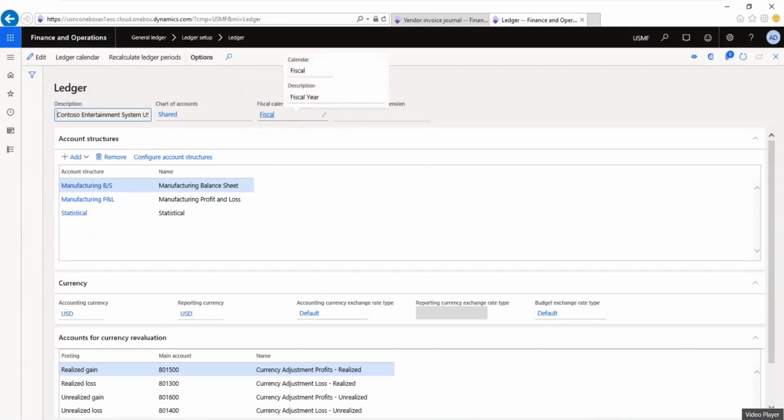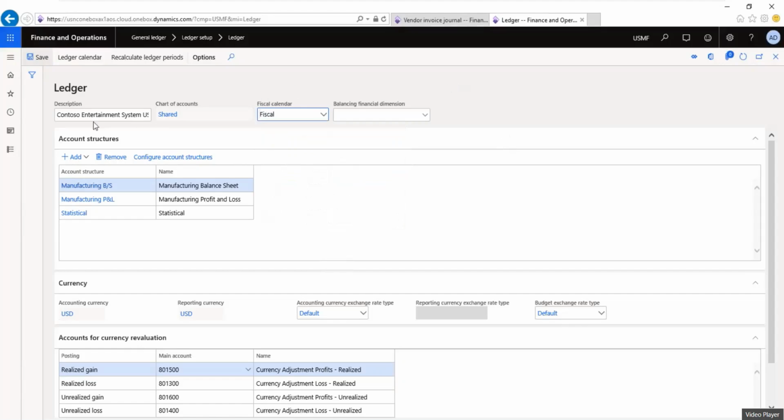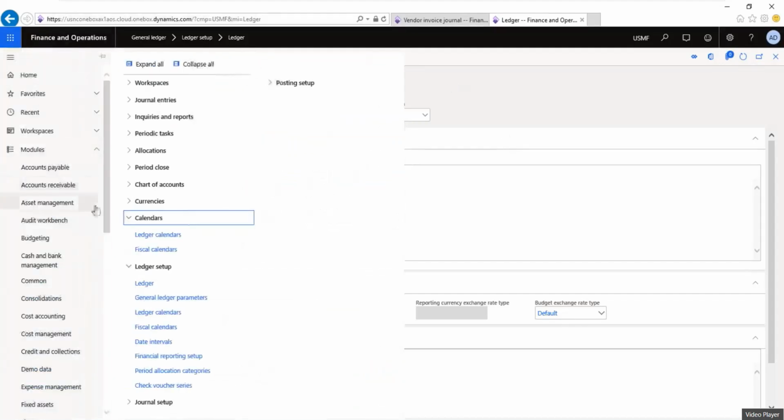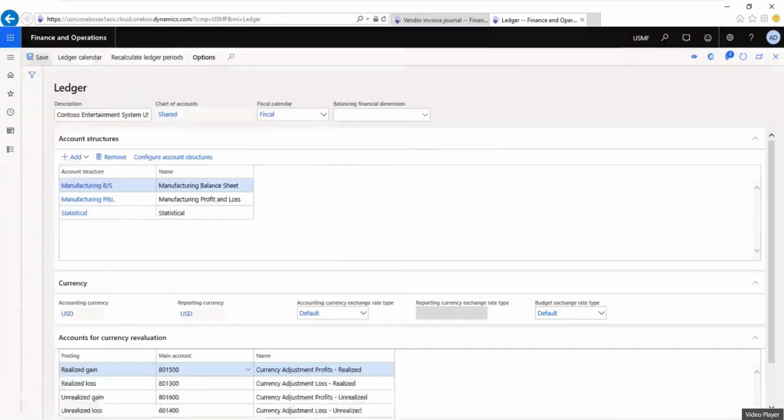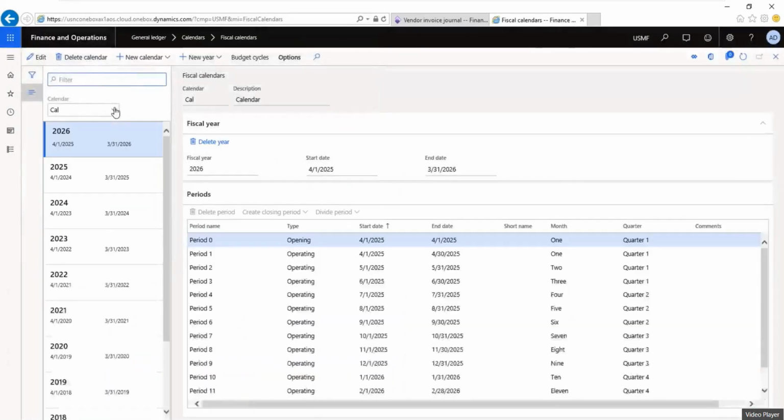If it is CAL, any calendar can be mapped. Look at this one. So whatever name was mapped here, you need to go to Calendars, Fiscal calendars and select that calendar from the drop down.